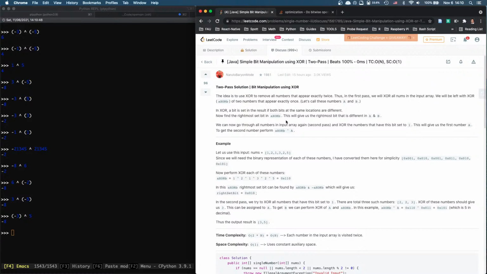That means these are the same. So we find the first one, that indicates these 2 bits are not the same. Then what? So we have the first bit that they're not the same, okay? Then what?